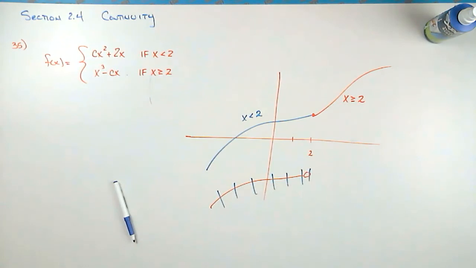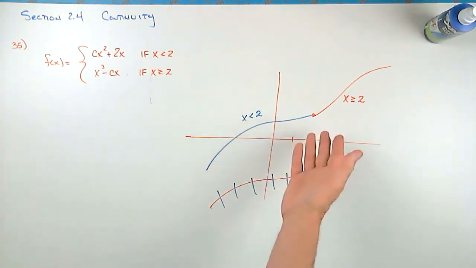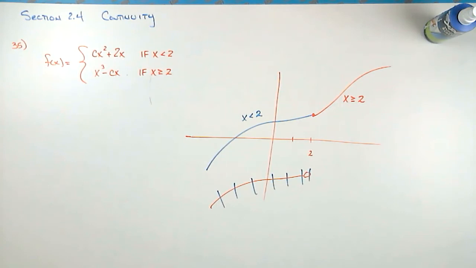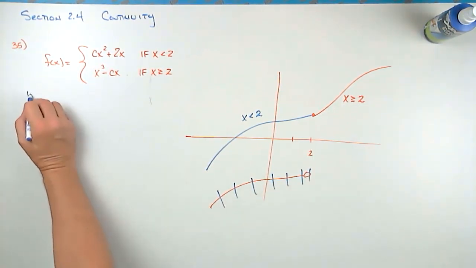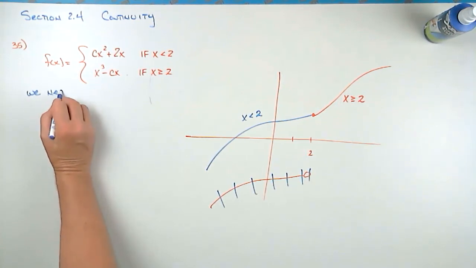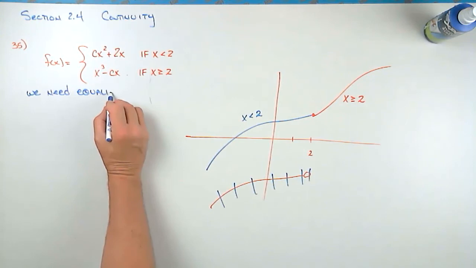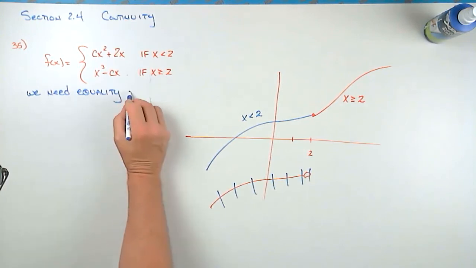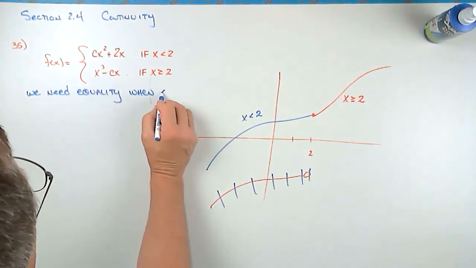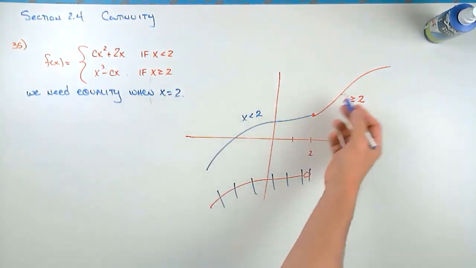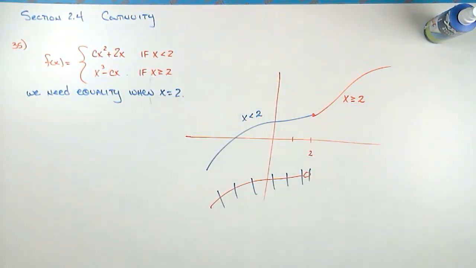By them telling us we want it to be continuous, that means no jump. So we got to draw it so it runs. So those two things have to be equal when x is 2. We need equality when x equals 2. That way our two sides of our graph touch each other.